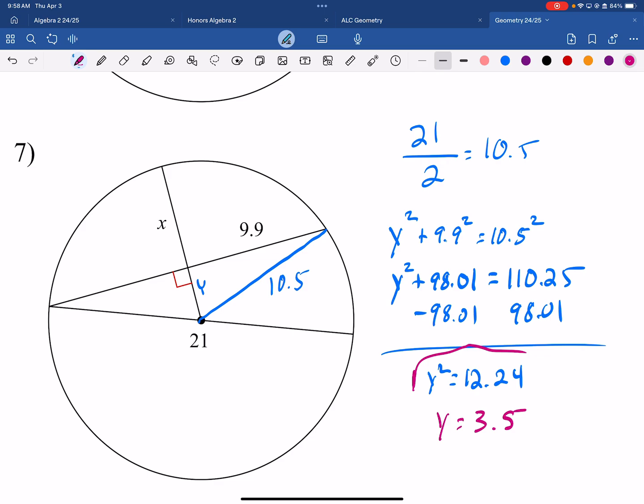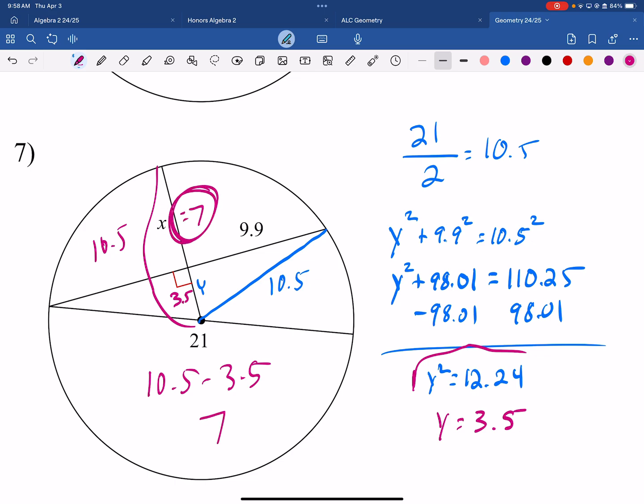How do we do with that part? So we know that's 3.5. We know the whole thing is 10.5. So 10.5 minus 3.5 is 7. Is that right? 7. Okay.